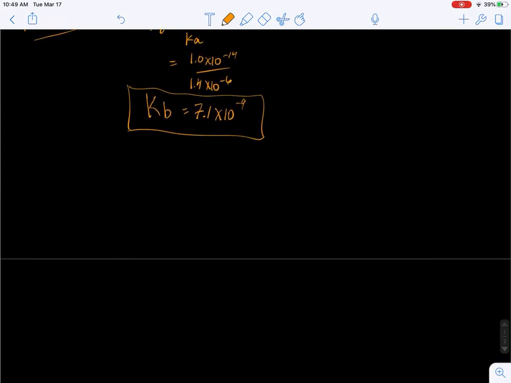All right, let's do another one. If the Kb is 1.4 times, well, let's use a different value. I keep using 1.4 here. 2.5 times 10 to the minus 5. What is Ka? Okay, so again, we use this relationship.